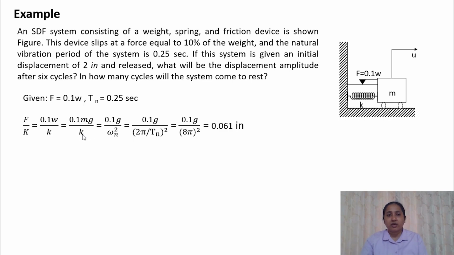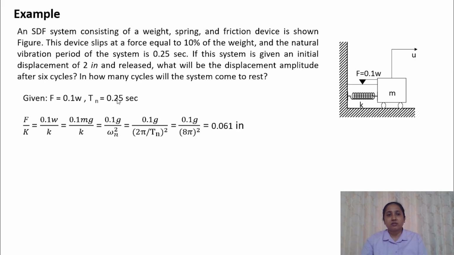We know m/k is equal to 1/omega_n squared, since omega_n is equal to root of k/m. Substituting this, it is equivalent to 0.1 multiplied by g divided by the natural frequency squared, where this is the circular natural frequency.